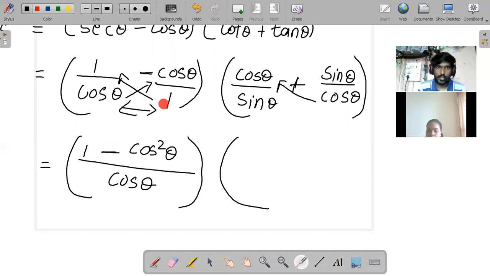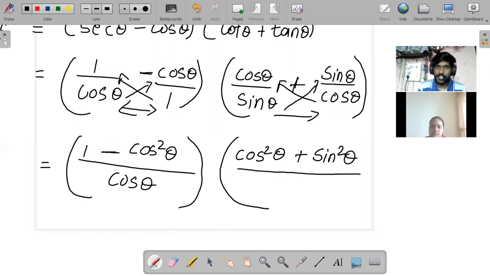That is 1. Same thing here. Cos theta into cos theta is cos square theta plus sin theta into sin theta is sin square theta, and in the denominator sin theta into cos theta. Is the second bracket cross multiplication clear?